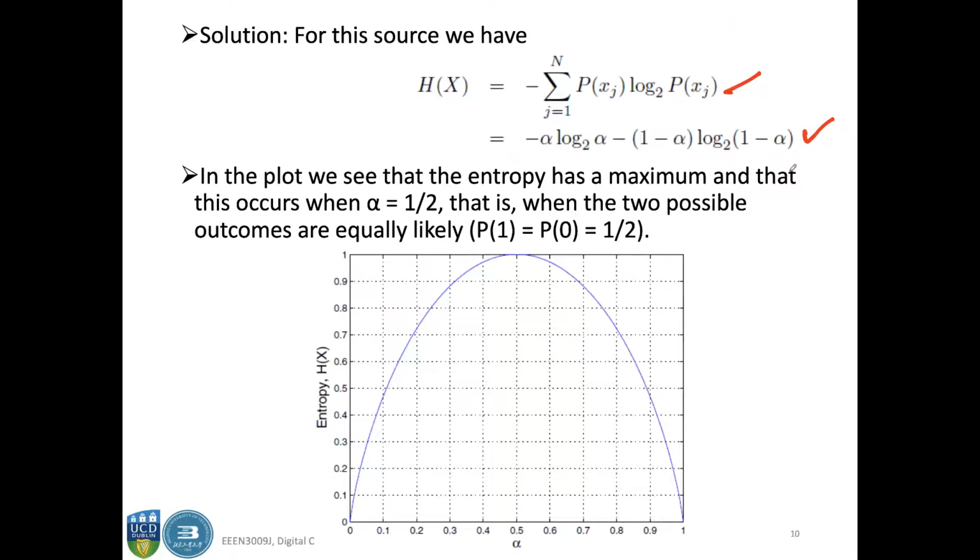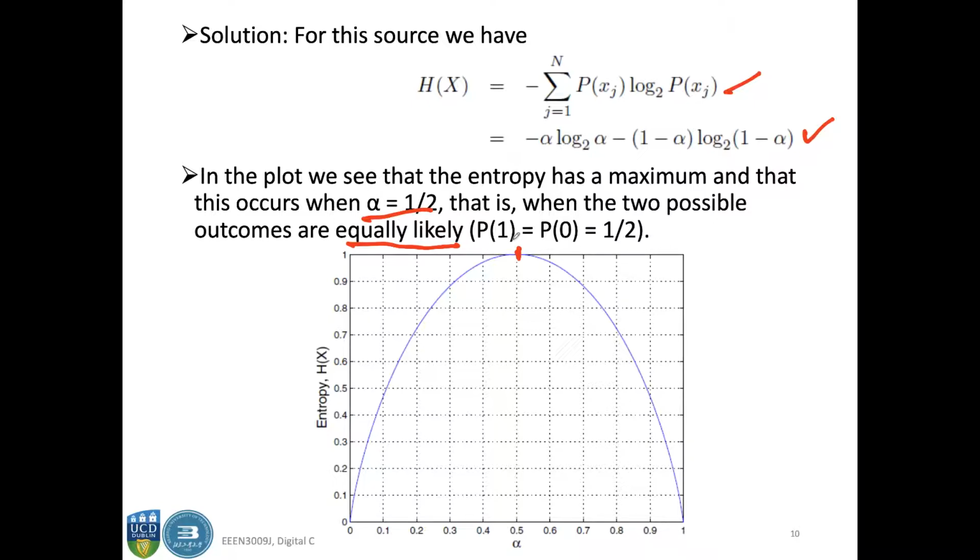You can apply the definition of entropy directly and you will obtain this expression. If you plot the entropy against alpha, you will get a curve like this. At alpha equal to half, that is when the two possible outcomes are equally likely, your entropy is maximum.